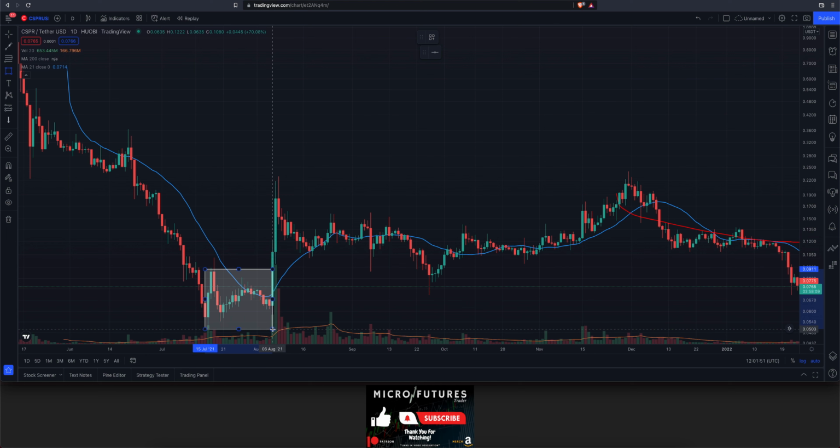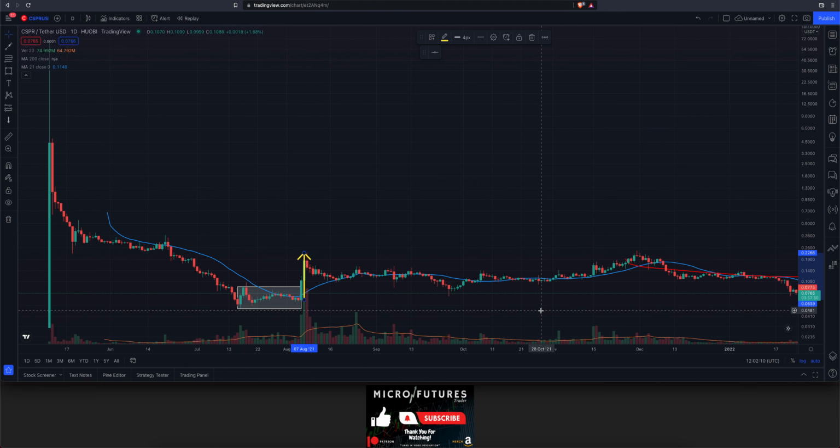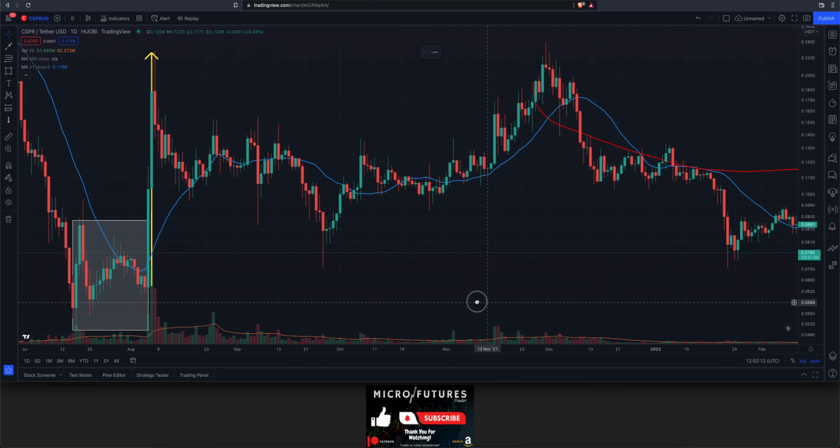Perhaps it's about a month or so. And then what follows is a big break to the upside. So that is example number one, that price will not consolidate, go sideways forever. It will start to move in either an up or downward direction.